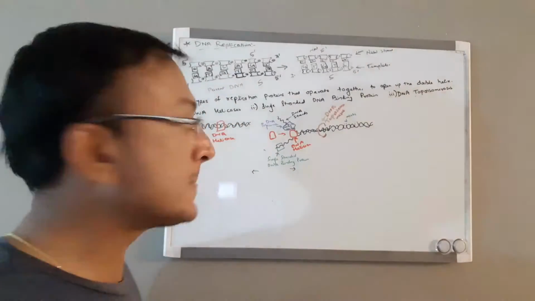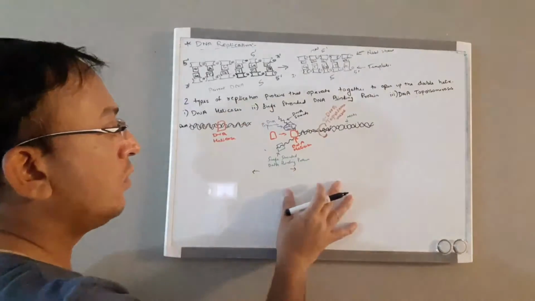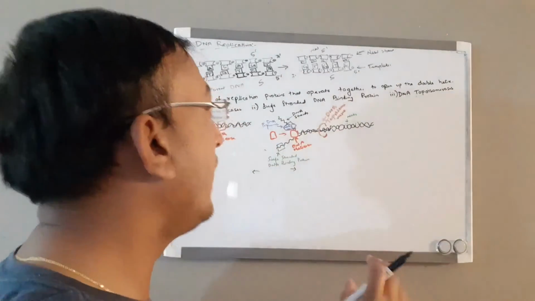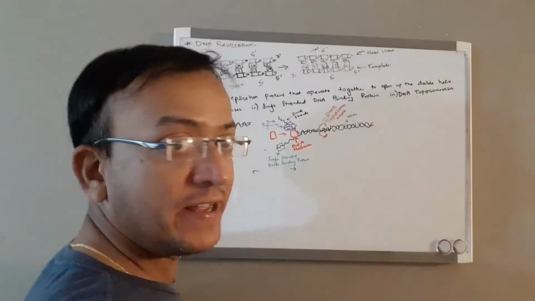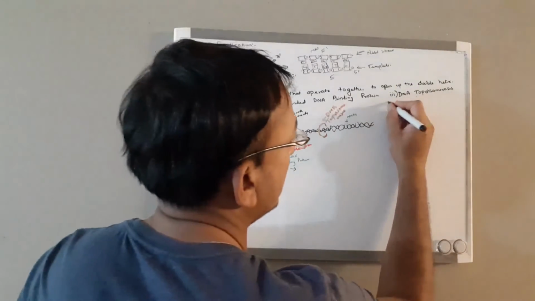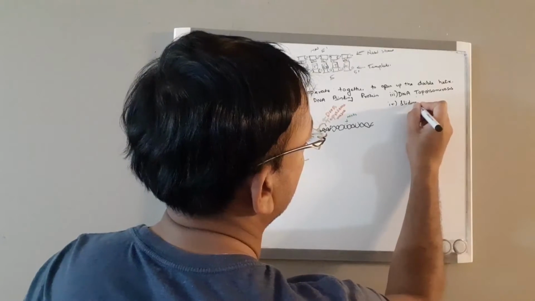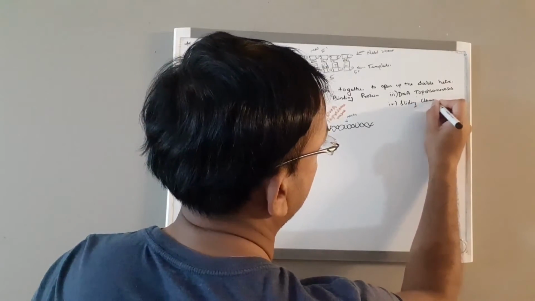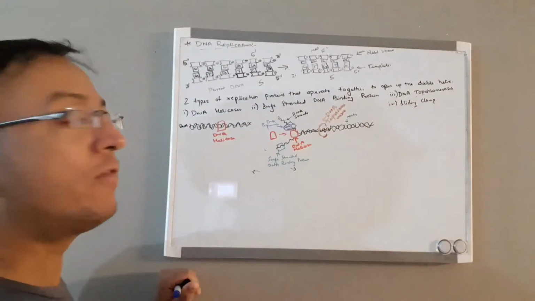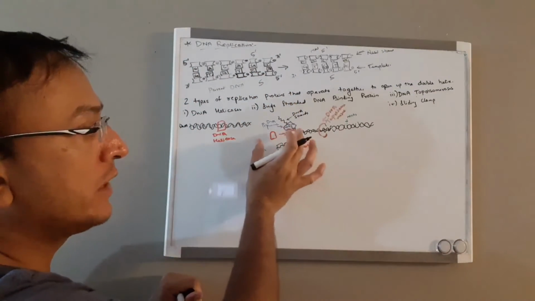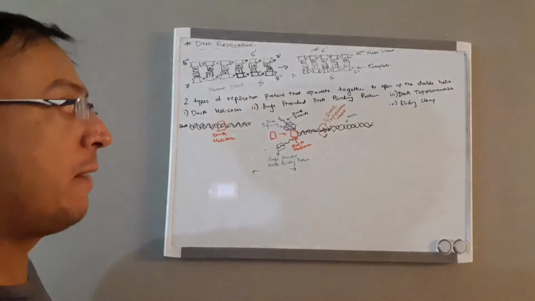So I'll show you. Alright, so the DNA polymerase is held by a sliding clamp. I will put it as number 4 here, and we have a sliding clamp type of protein that helps DNA polymerase to stick on the template.